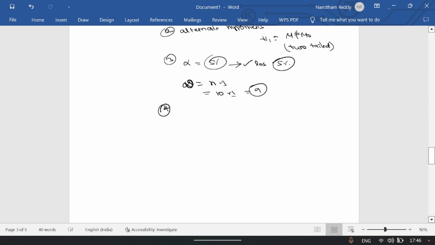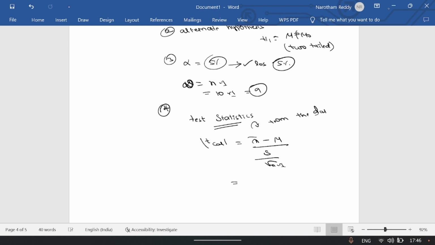Step 4, test statistics. T calculated value equals x bar minus mu by s under root n minus 1. From the data we found x bar equals 97.2 and mu, which is given as 100.